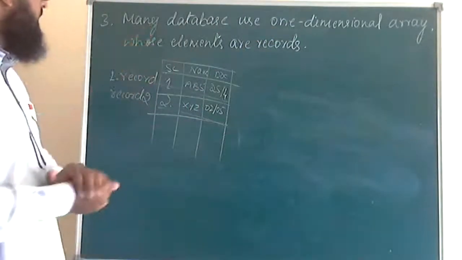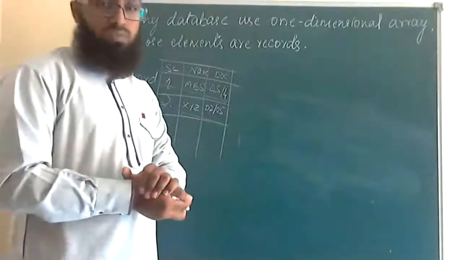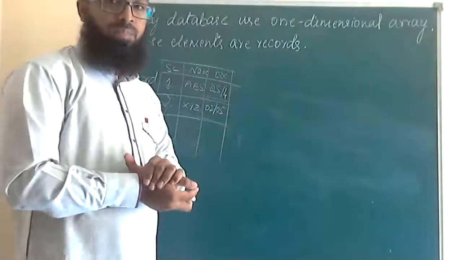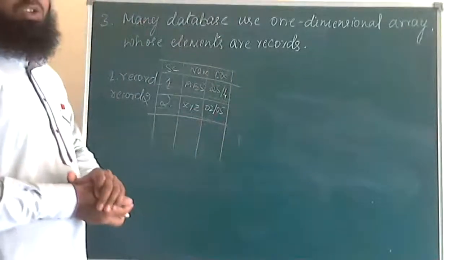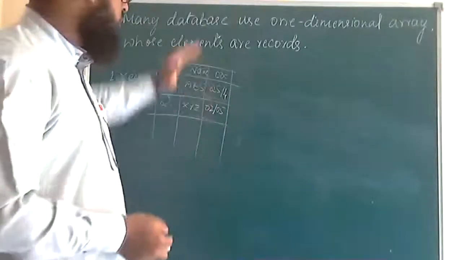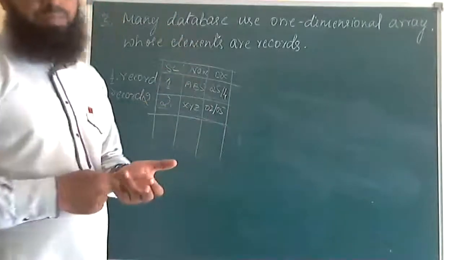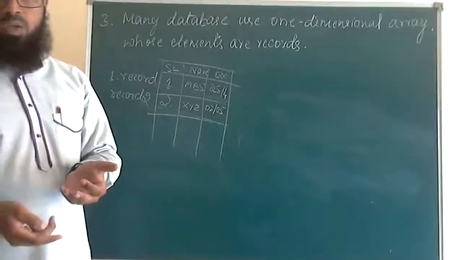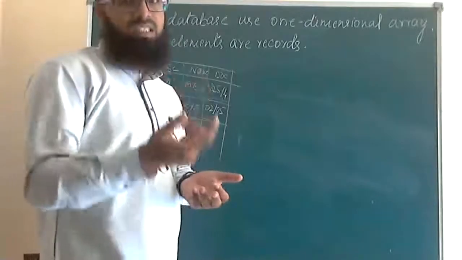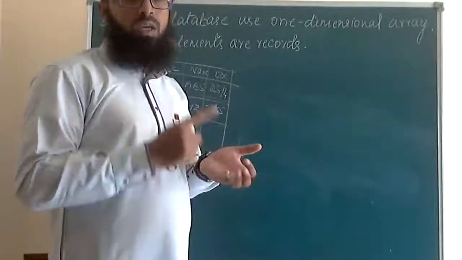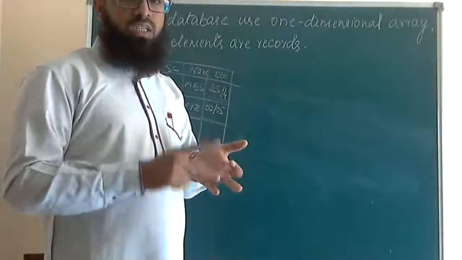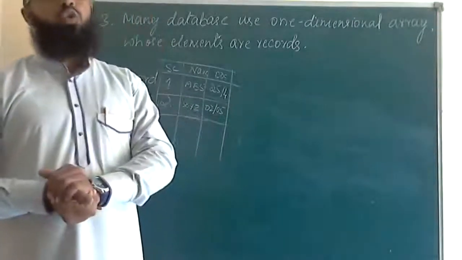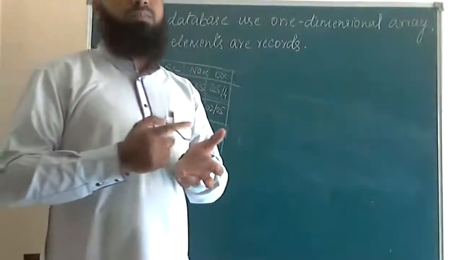So these are the applications of arrays, collectively, not only one-dimensional or two-dimensional. Hope you have understood these three things. The first use is that arrays are used to implement other data structures such as hash tables, heaps, queues, stacks, strings, etc. The second use is that arrays are used to implement mathematical vectors and matrices.